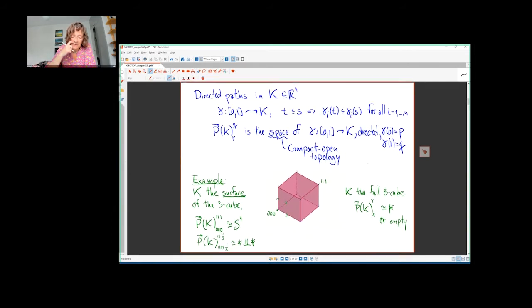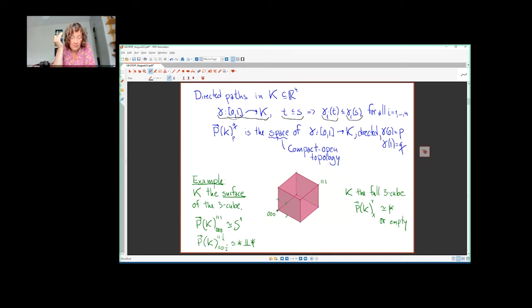If I have such a Euclidean cubical complex, then I have a path into that subset of R^n, and I require that if t is less than s in between 0 and 1, then for all coordinates i, gamma_i of t should be less than or equal to gamma_i of s. So I use the partial order on R^n to talk about that.